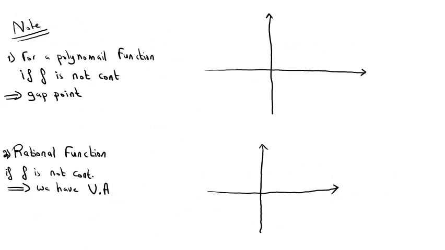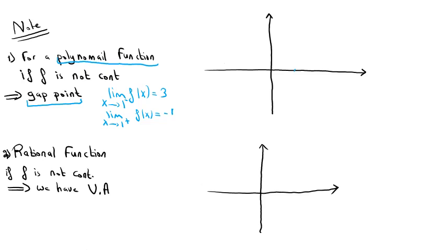Here we have an important note. For a polynomial function, if f is not continuous, then it is said to have a gap point. Example, if we have the limit as x tends to 1 minus equal to 3, and the limit as x tends to 1 plus is equal to minus 1, the curve will be in this way.